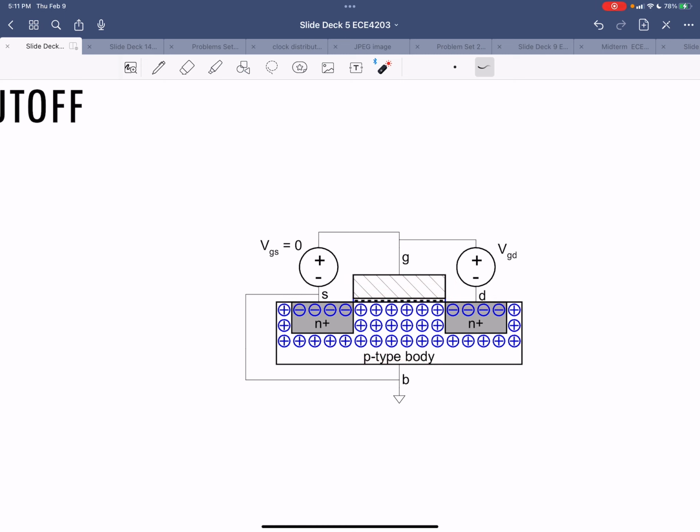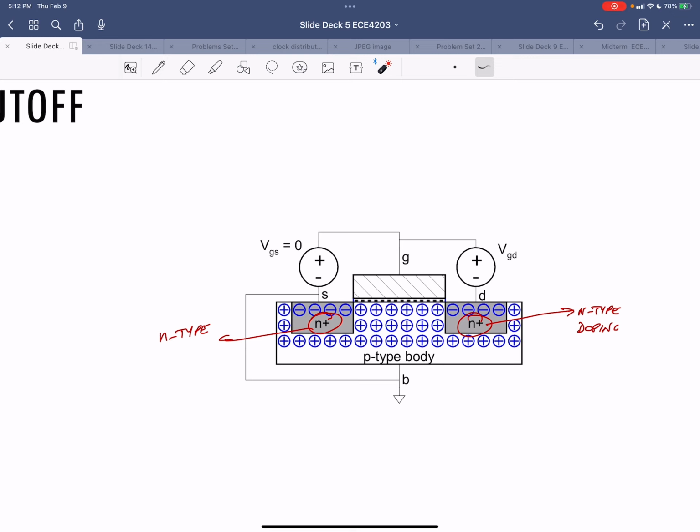What I've added to this is a so-called source and a drain. Notice that the body is p-type, meaning an excess of positive mobile charges. The source and the drain are made from n-type doping, meaning an electron-rich area.